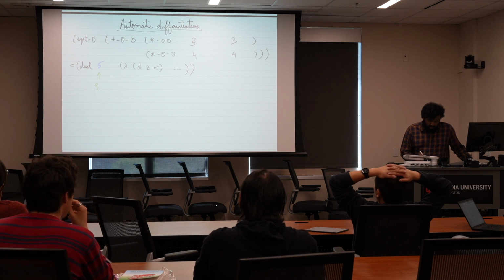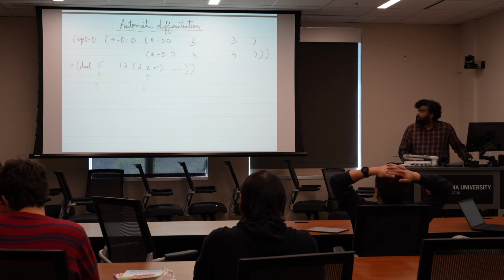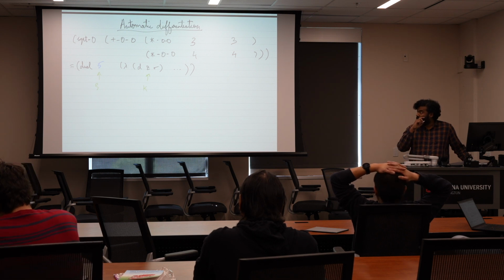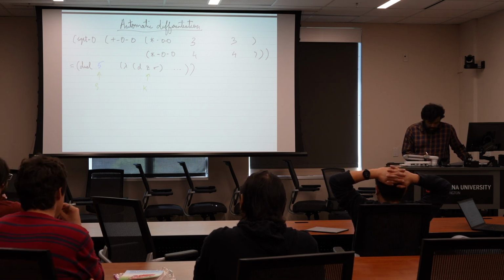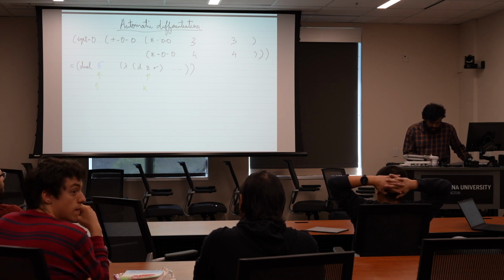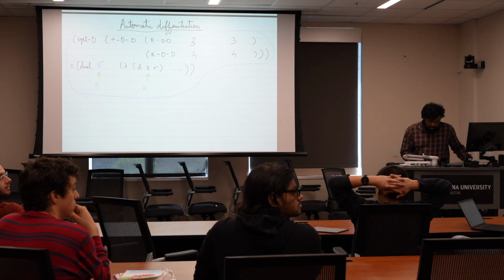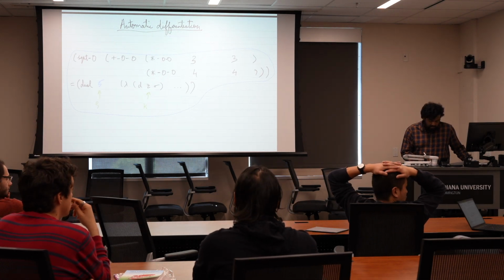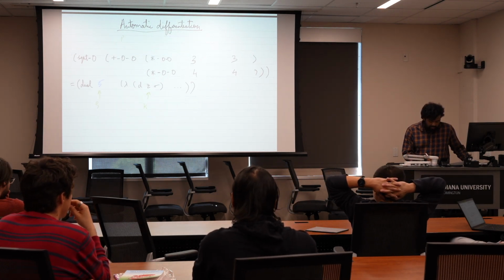Right, and we call this function the kappa. I'll go into more detail on what this kappa function is, or why this function is called kappa. But before we go any further, these special functions that we use here are called primitives.